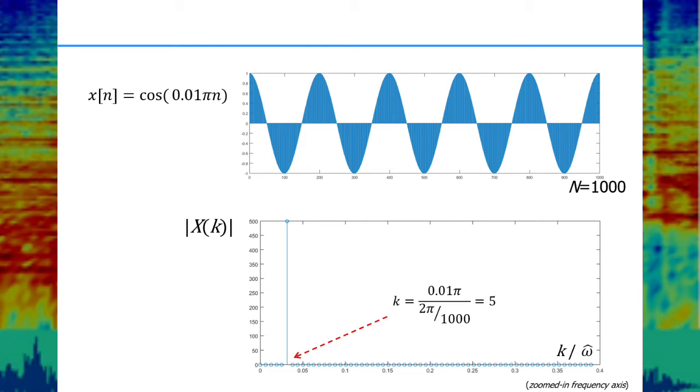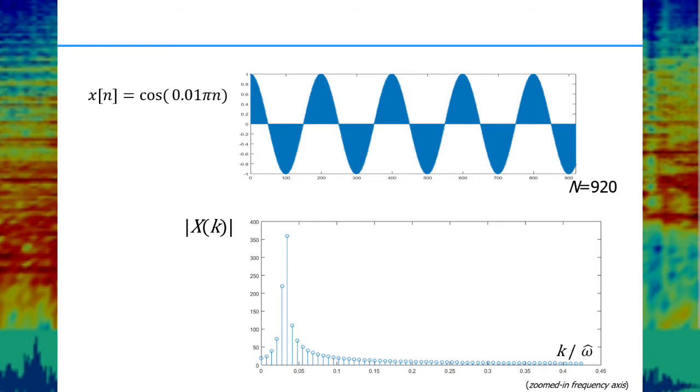However, if we take a slightly shorter segment of the signal, like here, 920 samples, the amplitude spectrum looks like this. We still see a peak around k is 5 or omega is pi over 100, but with many other surrounding non-zero DFT coefficients. The explanation is, again, the circular extension.